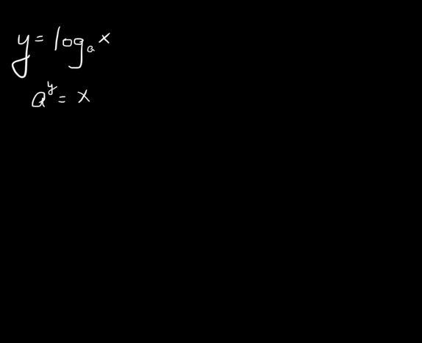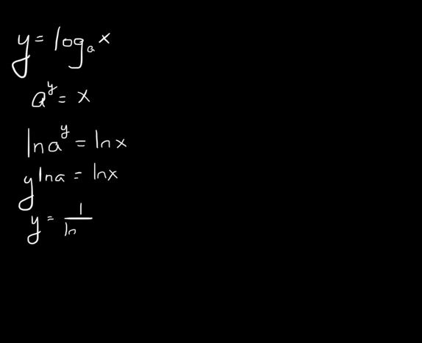And then here, if we take the natural log of both sides, ln a to the y is equal to ln x. We can rewrite this again, bringing that exponent to the front here, which means that y is 1 over ln a times ln x.